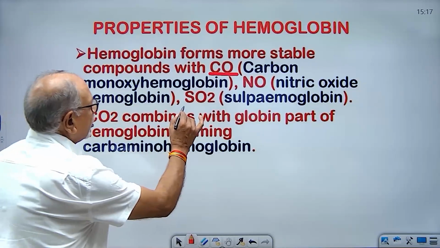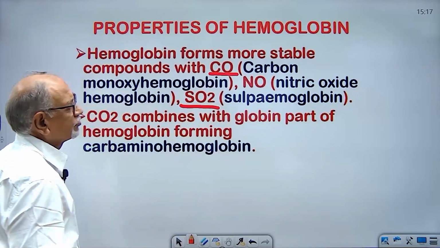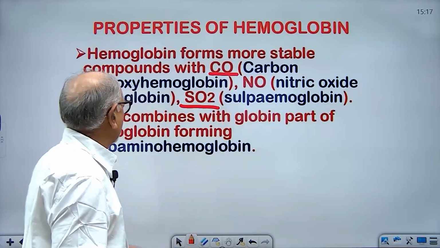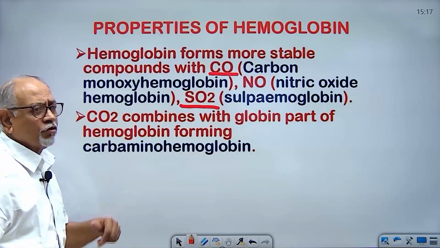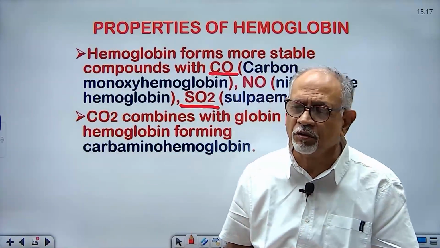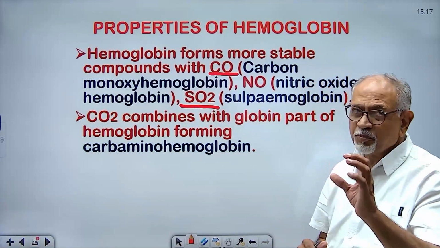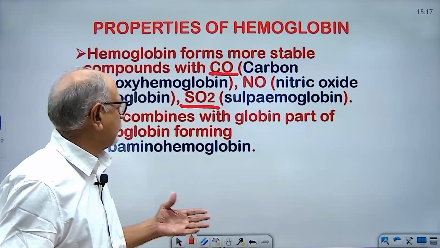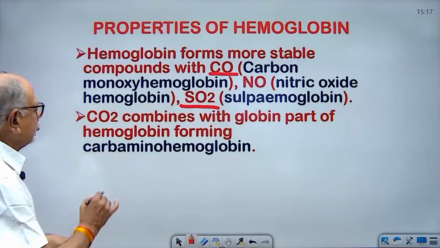It can also combine with sulfur dioxide forming sulfhemoglobin. CO2 also combines with hemoglobin. When CO2 is transported from tissue to the lungs, some part of it combines with hemoglobin forming carbaminohemoglobin.